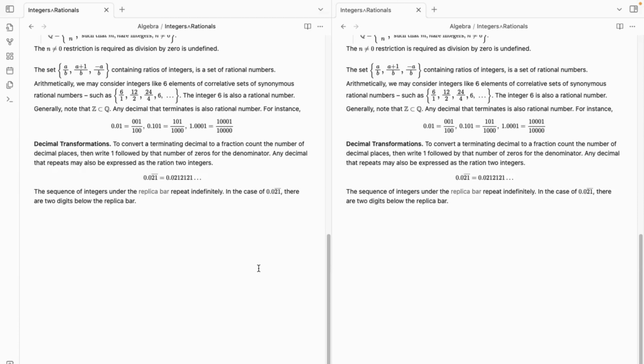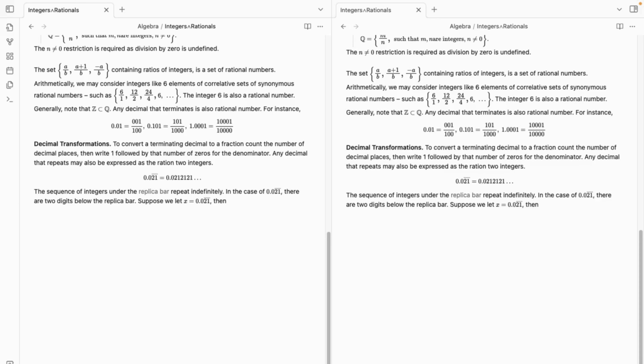All right, so suppose we let x equal that very value. Then we might write by substitution.